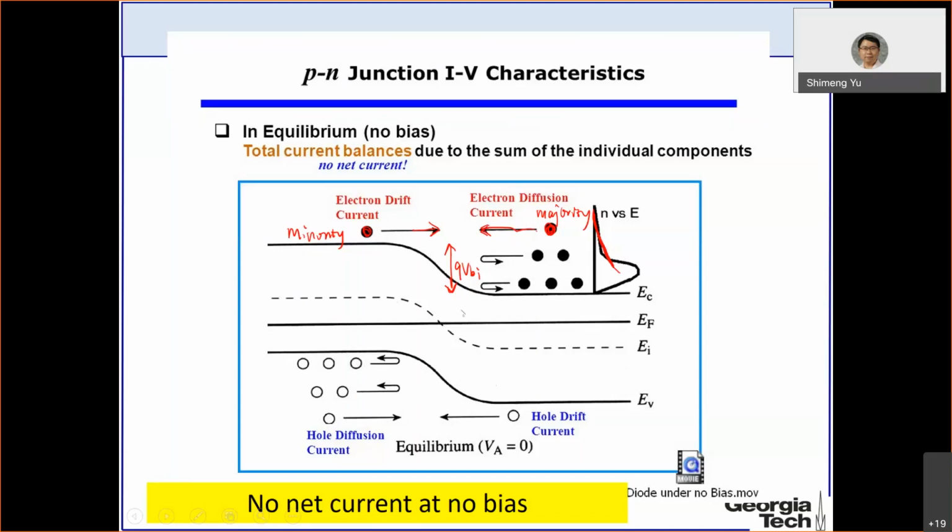So the hole and electron are just opposite to each other. So if you understand this electron's behavior, then you will understand the hole's behavior here. So the conclusion here is that at equilibrium state, no bias, the drift and diffusion current will cancel each other. The net current is 0. Any questions so far?